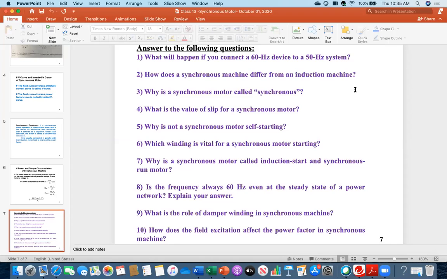There can be several points, but can you mention at least one? How would you distinguish the induction machine and the synchronous machine? For example, how about in terms of speed?